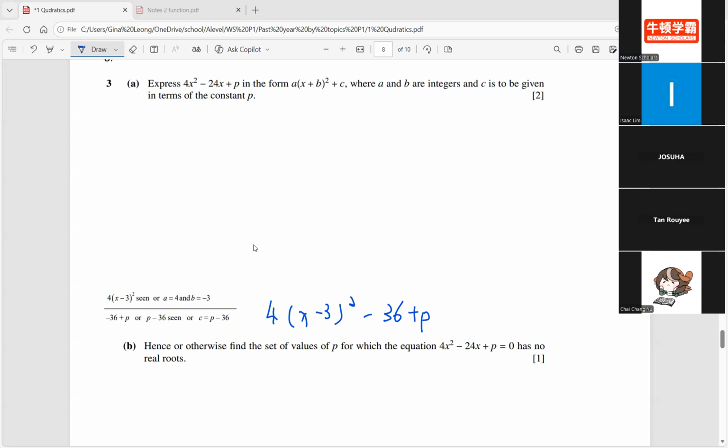Okay. No real root is less than, okay. Answer for the question B. Okay, just now I already show it, right?